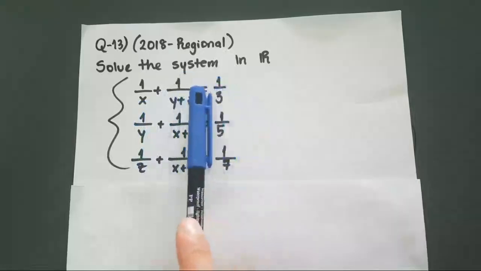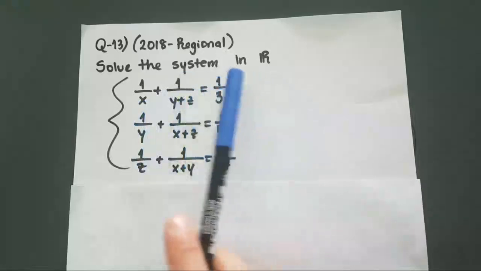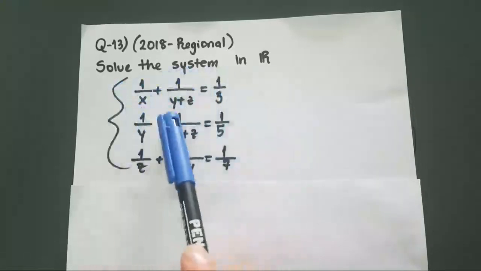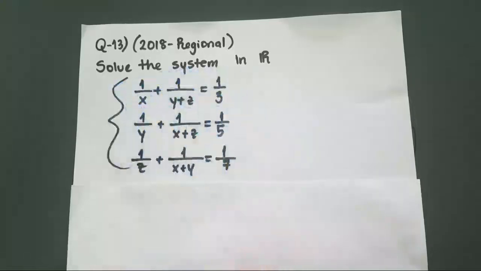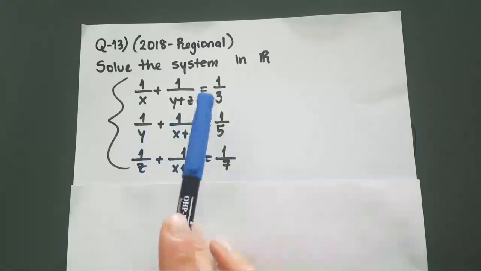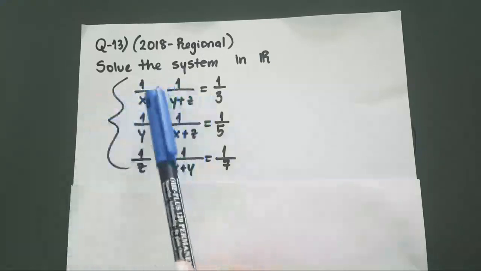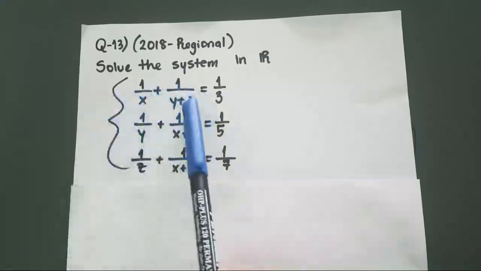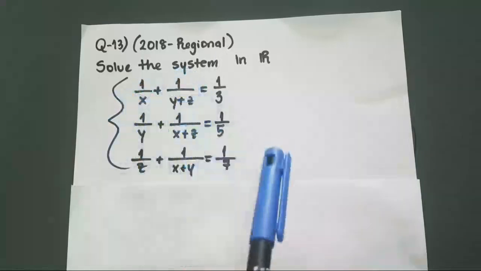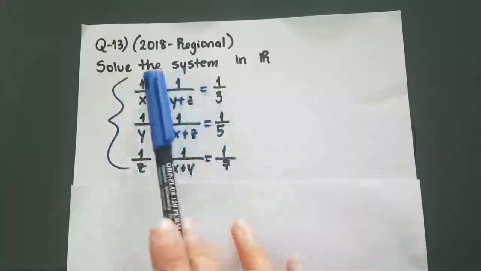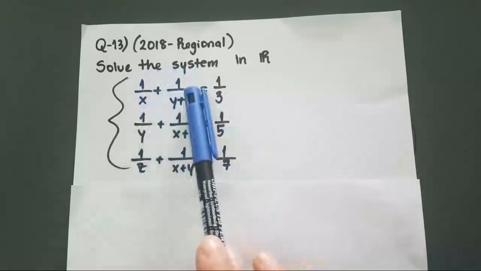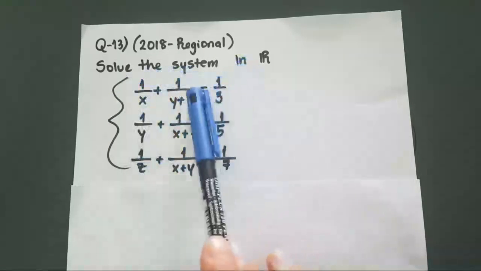After you do cross multiplication, you will get simpler equations in the system. I mean, for the first one, multiply the first rational by y plus z and the second rational by x. After you get a single rational expression on the left side, cross multiplication.